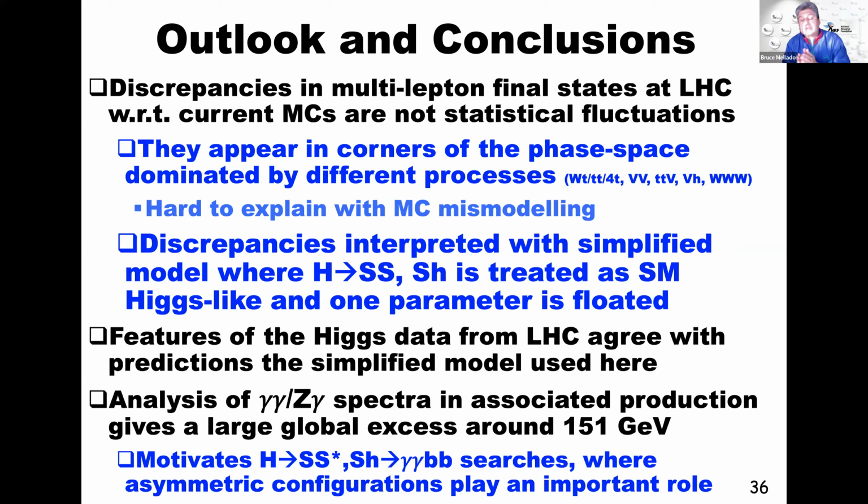The fact of the matter is that the Monte Carlo community has been aware of this for years, and there hasn't been a single successful attempt to explain it, not for the lack of trying, because there have been papers in the literature. Now, one of the important things when you see excesses, once you establish that they are not statistical fluctuations, and these are not, once you establish that you don't have a look-elsewhere effect, that has been avoided here, you really want to understand whether they are self-consistent.